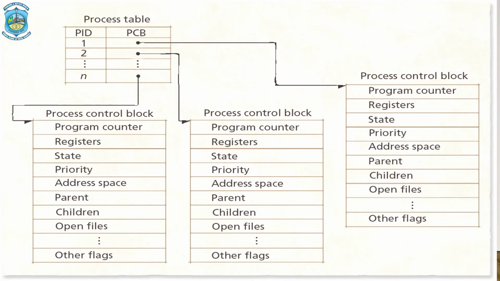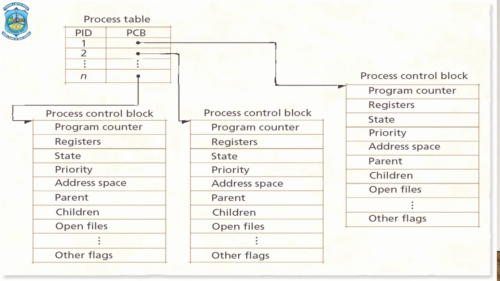In this diagram, you can see that it has process table which has process ID and the PCB. So, each PCB has its process ID. You see here there can be n number of process IDs as we keep n number of PCBs.